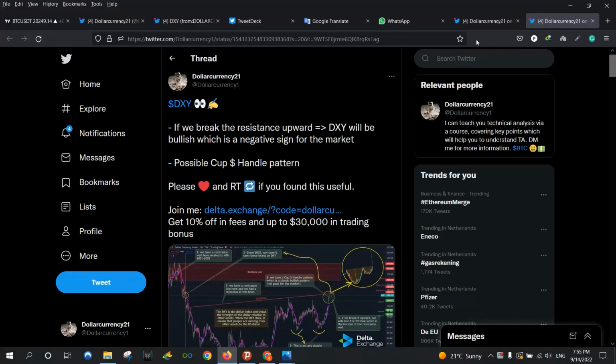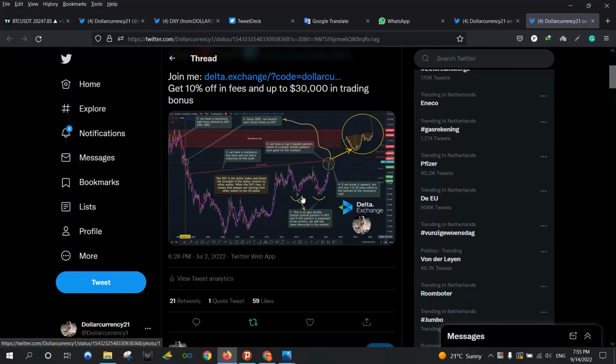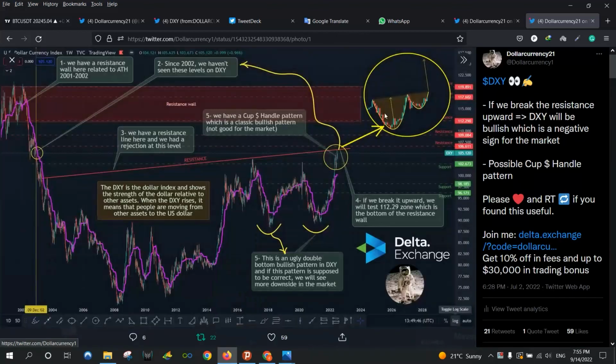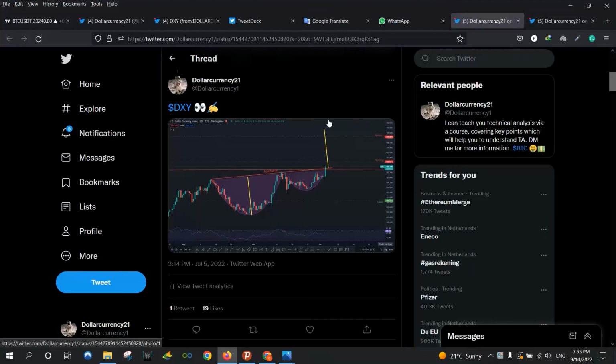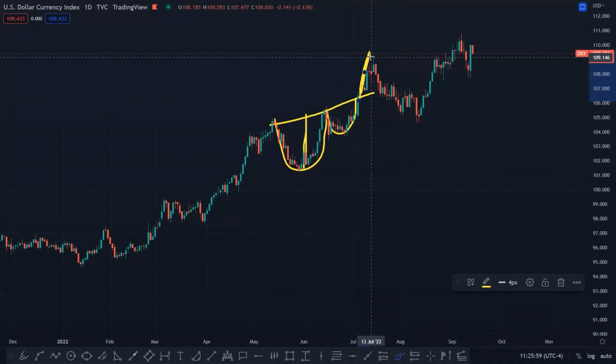And as you can see, we had a beautiful tweet about this cup and handle pattern on the MEXC chart, which is a dollar index. We expected an uptrend continuation to the upside, and as you can see, it goes up after that.